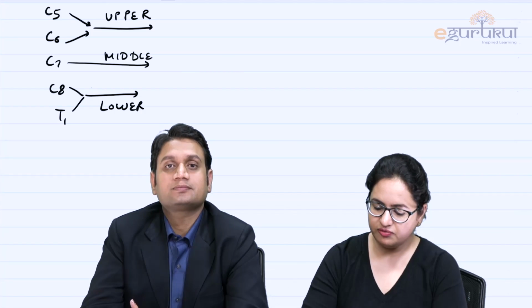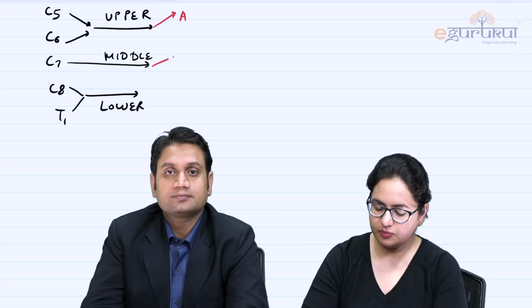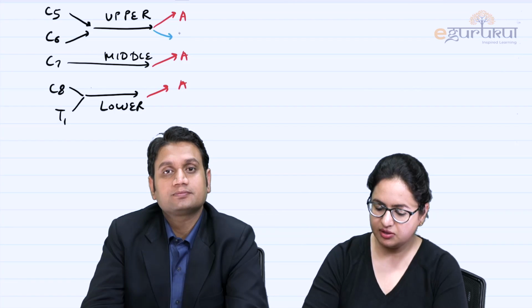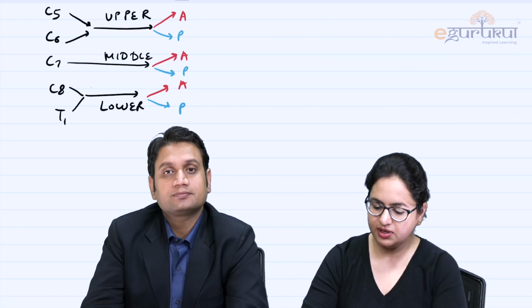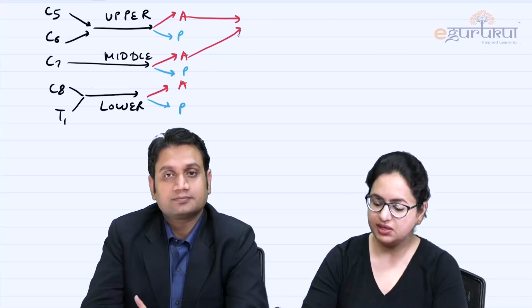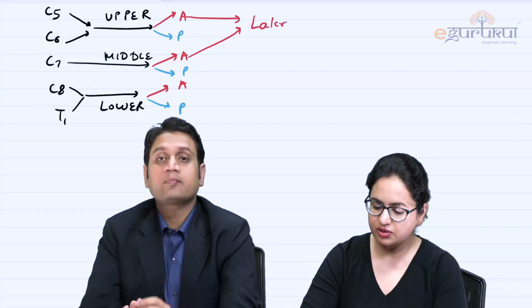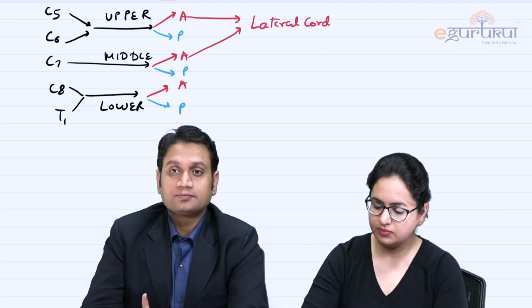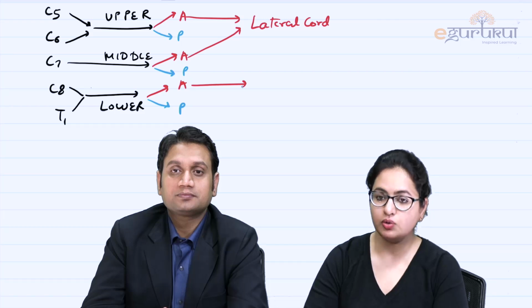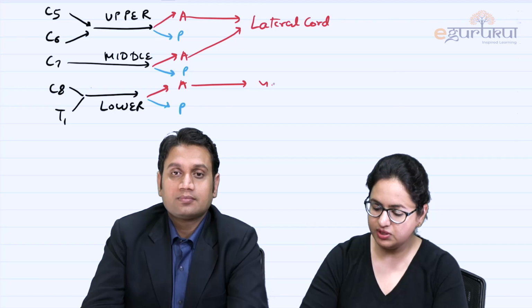Now these trunks finally divide into anterior and posterior divisions. I am marking the anterior division as A and the posterior division as P. The anterior divisions of the upper and the middle trunks lead to the formation of the lateral cord. The anterior division of the lower trunk leads to the formation of the medial cord.